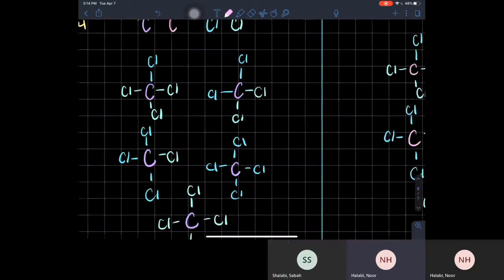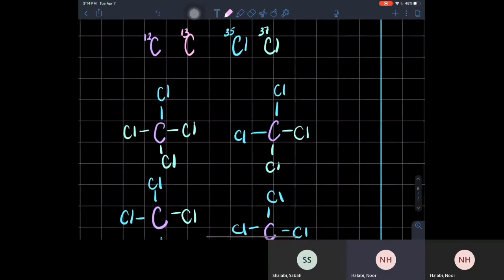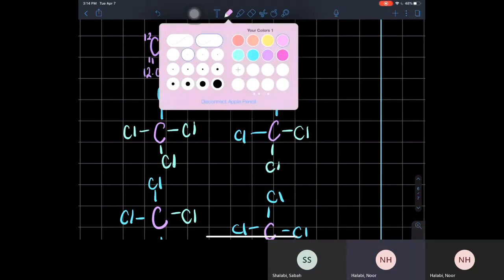Okay, so what do we know? We know that carbon 12 is 12.00, and carbon 13 is 13.00.